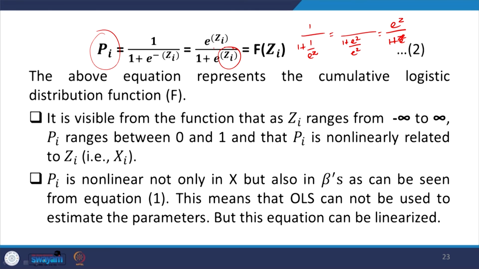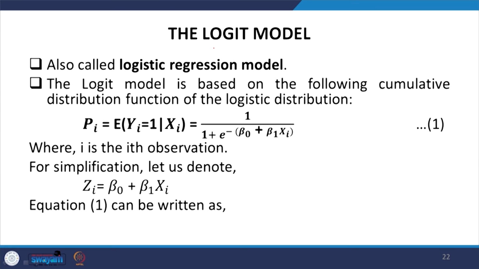Okay. So, P I is non-linear not only in x, but also in betas, because it is e to the power something. So, it is also non-linear to its beta values as well.